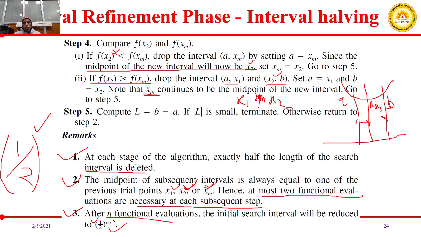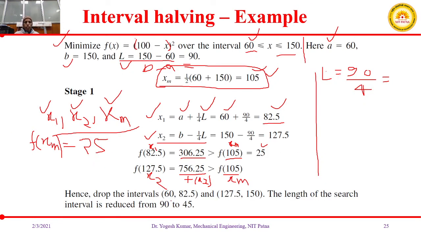Try to see here what we are doing. We are dropping the interval from a to x1, and we are dropping the interval from x2 to b.